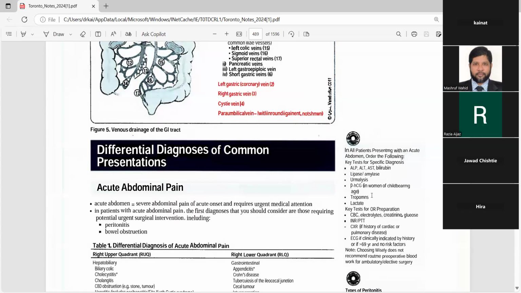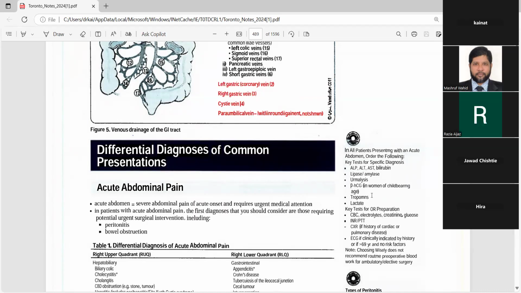But if it's a 40-year-old male, homeless, alcoholic, coming to you with abdominal pain, in that case you would like to rule out pancreatitis or any kind of infection, because first of all, he is homeless. Second, they gave you a male, so you don't have to go for beta HCG.